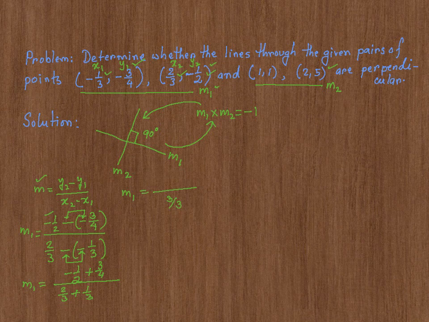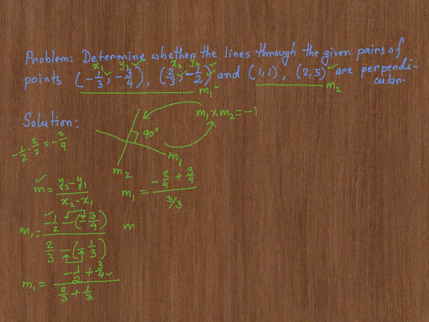On the numerator, -1/2, I'm going to write it as -2/4. Why 4? Because the other fraction has 4 in the denominator. Please note, -1/2, I multiply it by 2 over 2, that gives me -2 on the numerator, and in the denominator 4. So that's how I write it. Plus 3/4.